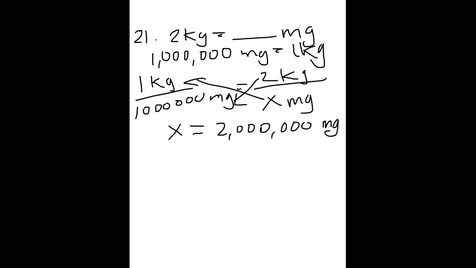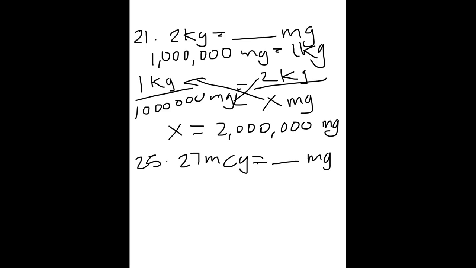Okay, let's do number 25. So we're converting 27 milligrams. Let me see. 27 micrograms, sorry, I wrote that down. Micrograms to milligrams. So we're converting a smaller unit to a larger unit.